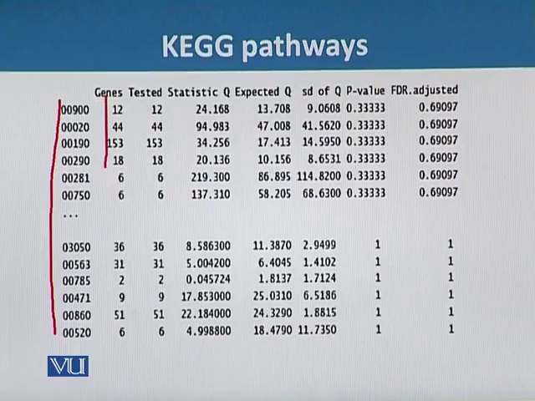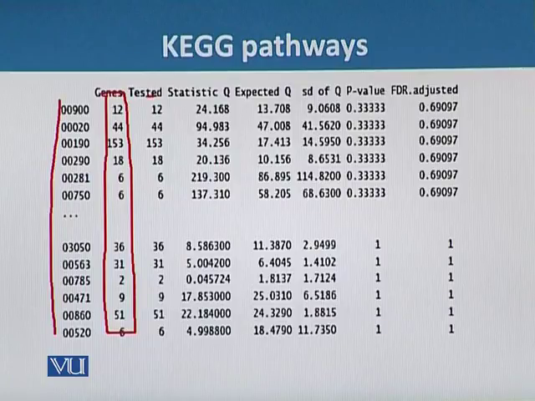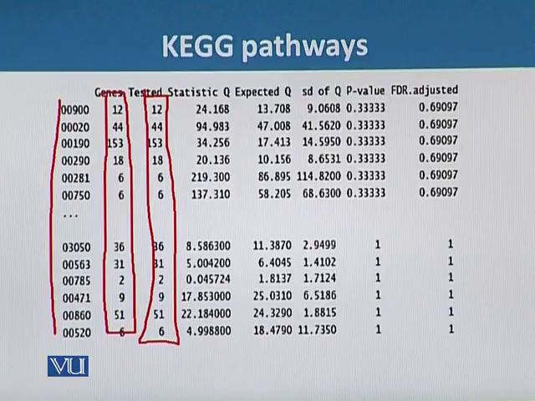So this is the total number of genes in this column, and this is the number of genes that are present in our list that are present in the pathway. The Q test gives the observed and expected number of genes in each category. So this is the observed and this is the expected Q values in these categories.